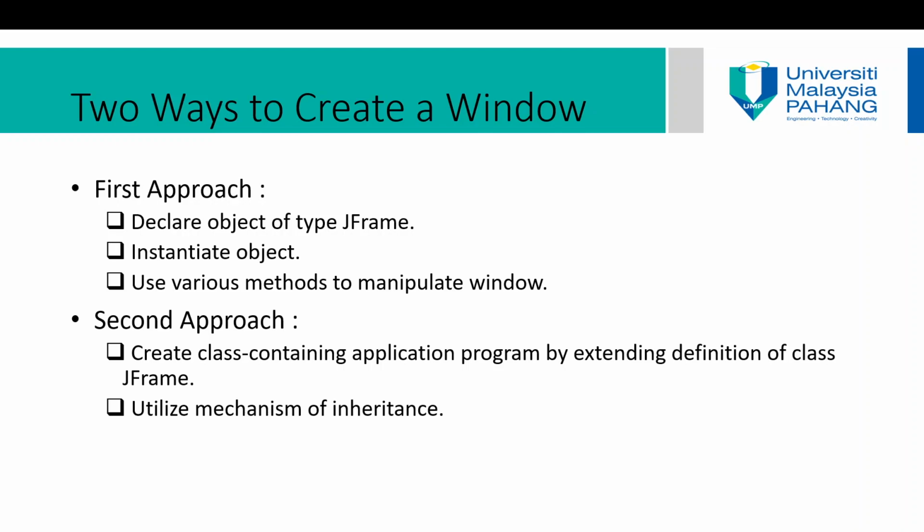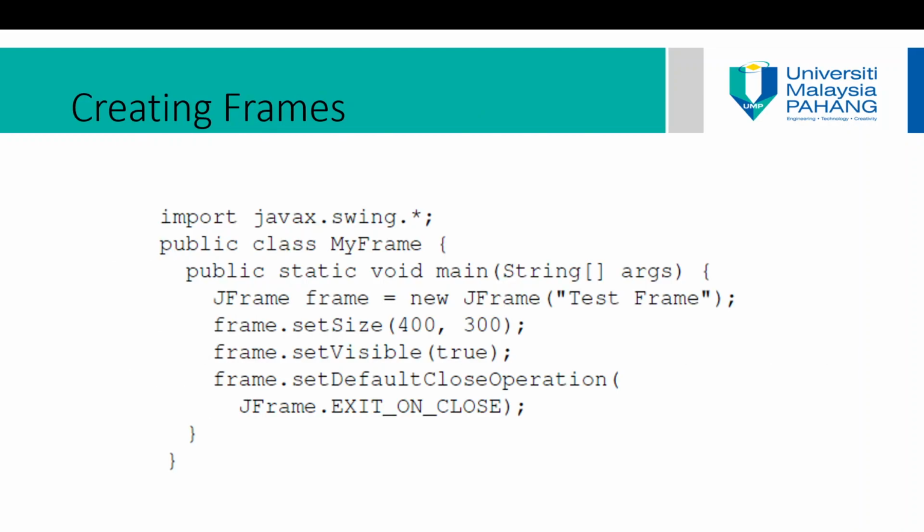Another approach is that we can create a normal class, and then we extend it to define a JFrame class. So this utilizes the inheritance concept. If you can see here, this is a class. The class name is MyFrame, and inside the main method, we create an object of frame with a title of test frame.